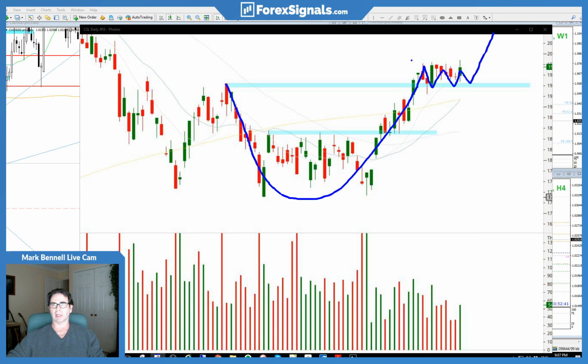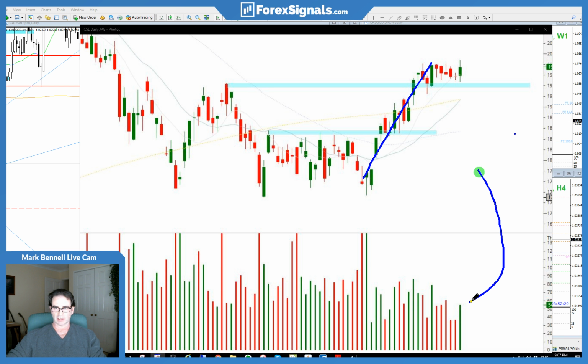So even though it doesn't fit the bill, because of maybe slightly extended, this last candle is lacking a bit of participation. The fact of where it is, I like this. We're holding this breakout bar as well. See this here? Price is broken. Tried to pull back in. We got our fake out here because it was too stretched into it. Pulled back, and then we've got the hold here.